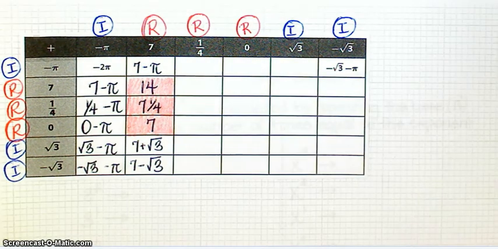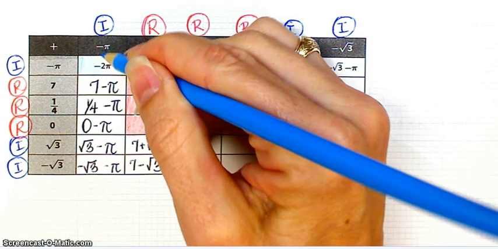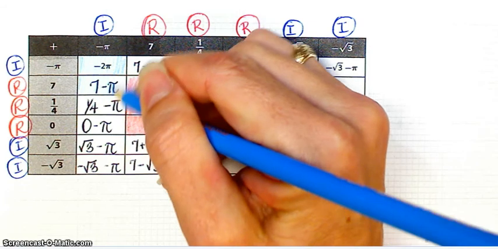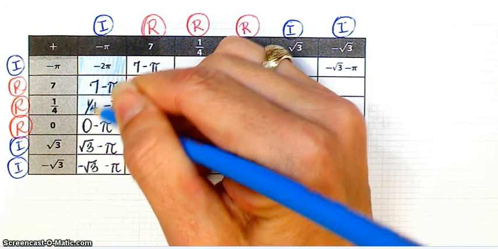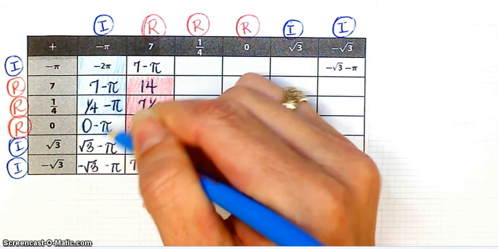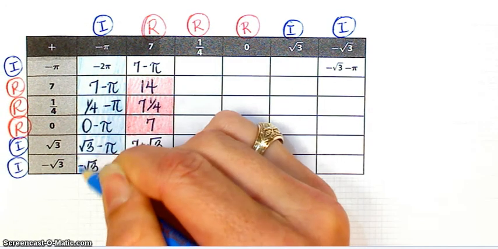Okay, these other ones, negative 2 times pi, that's irrational. 7 minus pi, that's going to be irrational because I can't represent these things as a ratio of two integers. Okay, all of these are going to be irrational.